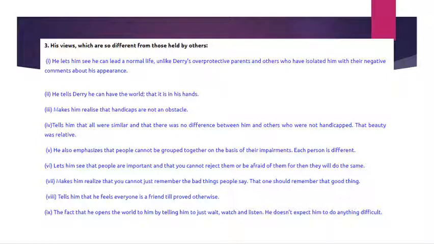Mr. Lamb says he feels everyone is a friend till proved otherwise, so he's ready to accept everyone. He opens the world to him by telling him to just wait, watch, and listen. He doesn't expect him to do anything difficult.